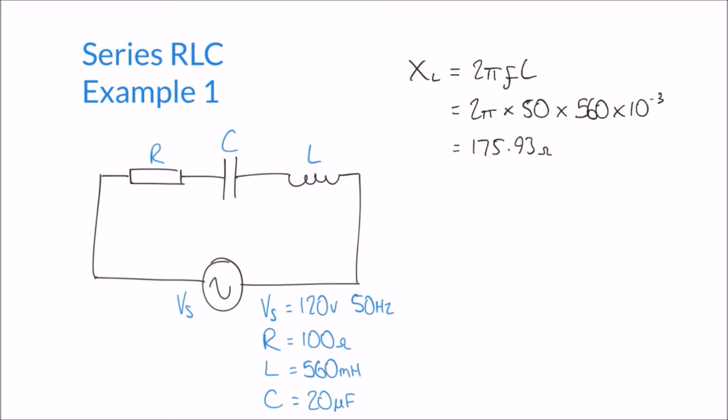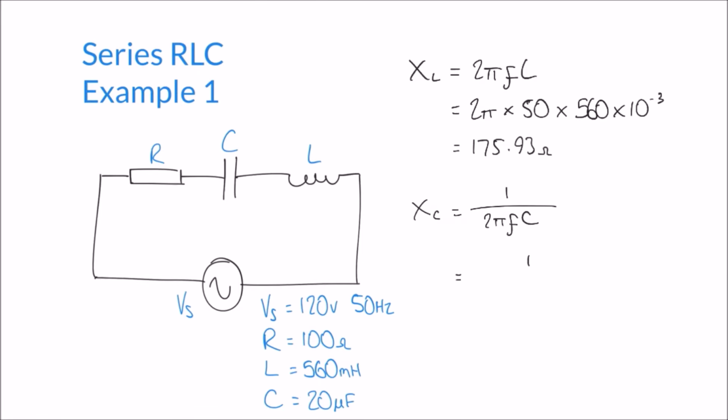Let's do something similar for the reactance of the capacitor, the other reactance in our circuit, XC. The formula for the reactance of a capacitor is 1 over 2 pi FC. And likewise, we can put some values in here.